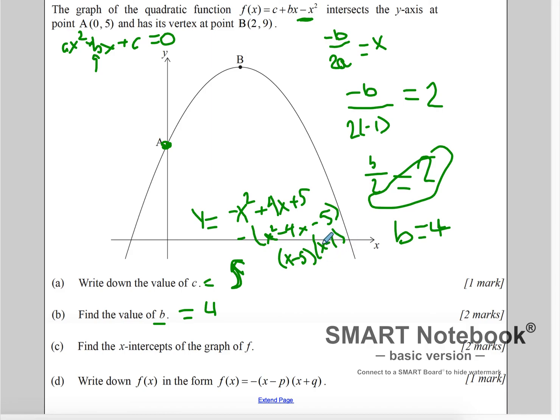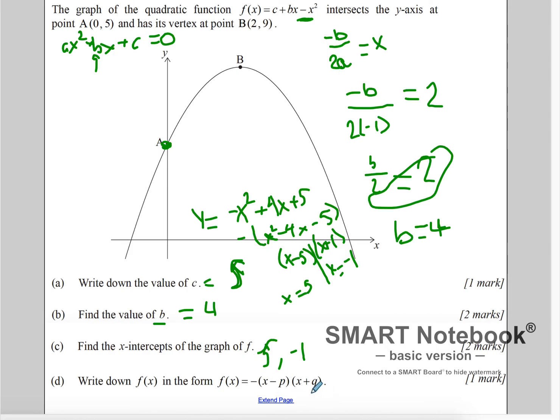All right, and now we see if I split these and I solve for x, I get x is equal to 5. I'm sorry, plus 1 here, and x is equal to -1 on this side. So the x-intercepts of the graph, x is equal to, well, you could just write 5 and -1 if you wanted to, but don't put parentheses around it because then it'll be misconstrued as a point.